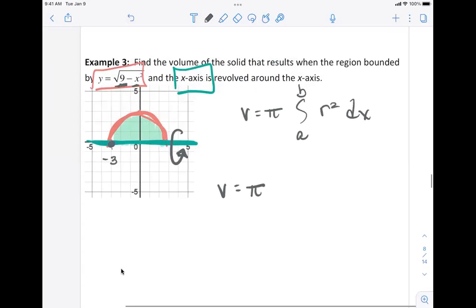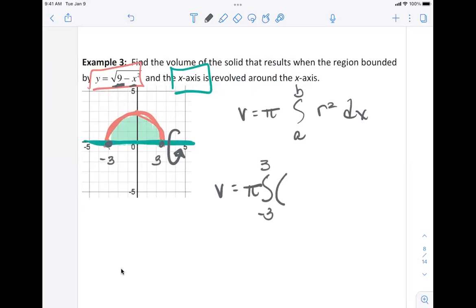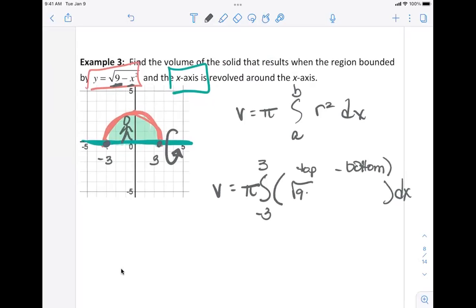That's my A. And there's my B. My radius, here's my little stick figure, top minus bottom. Usually at this point, my calculus students still don't trust my stick figure, but the more problems like this we do, this starts to grow on them. So this is the square root of 9 minus x squared. This time the feet are on the x-axis, which has the equation y equals 0. So we don't have to put that 1 in there.